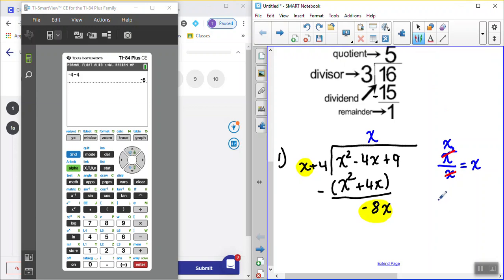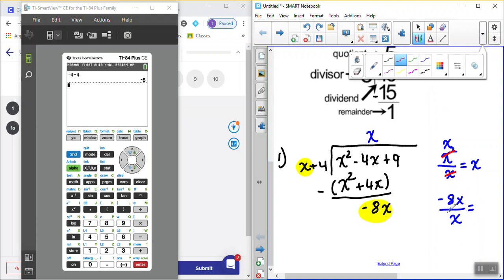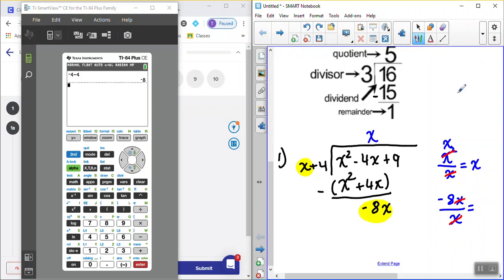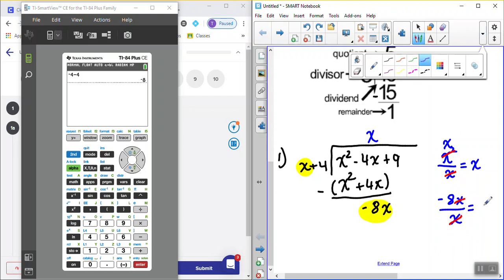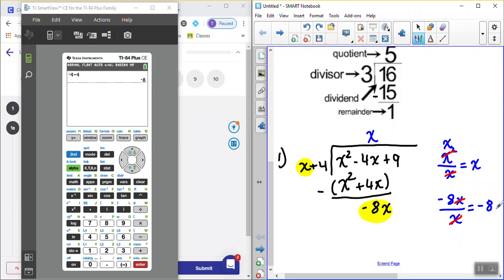So negative 8x divided by x, you know the x's get crossed out, and your answer here is just negative 8. Now this negative 8 is part of my quotient, meaning this is part of my answer. So I'm going to write this right here and place it with the 9 because they are my like terms. Okay, so I'm going to say minus 8.